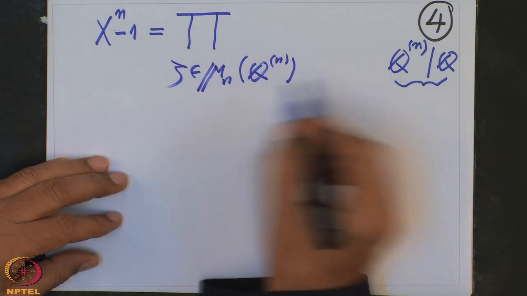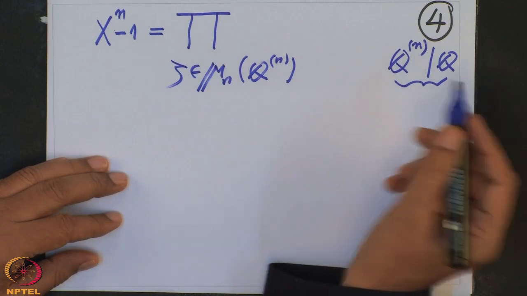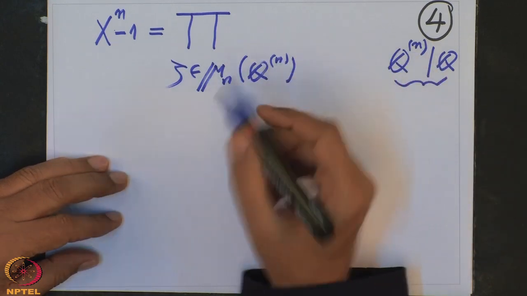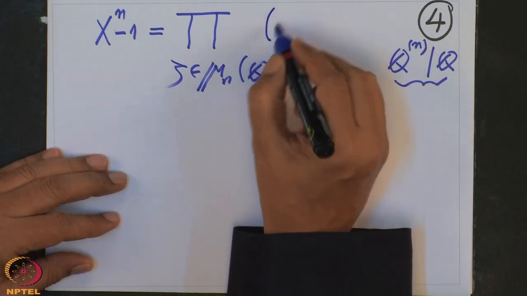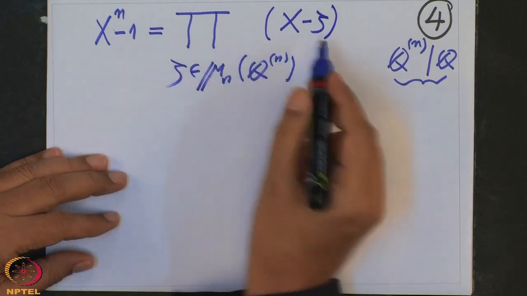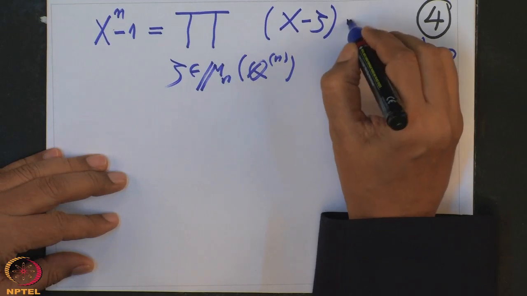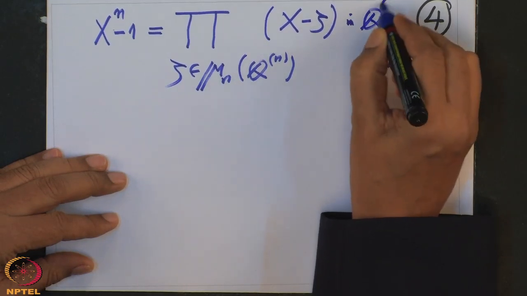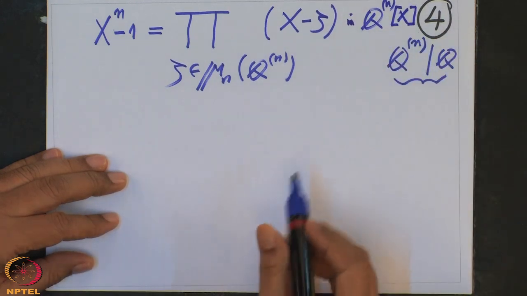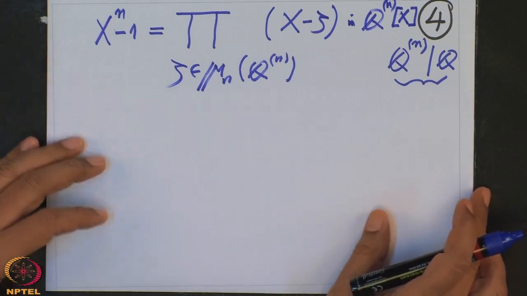That is how we have noted that this is a splitting field of this polynomial. So all the roots lie here, and all the roots are elements of this. So this product of x minus zeta is a decomposition in Q_n[x]. But that is not what we want. We want it in Q[x] or in Z[x].